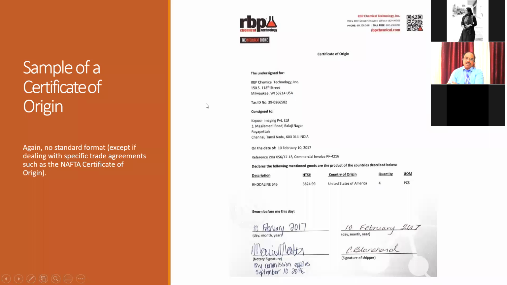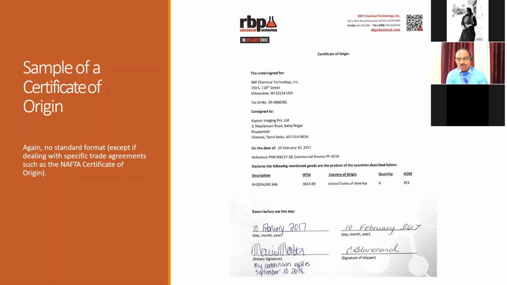Then, of course, this is the certificate of origin, showing which country the product belongs to. Here, they are sending cuisine from the USA to Chennai in India. It should mention that the product is from the United States of America, and the quantities they are sending.